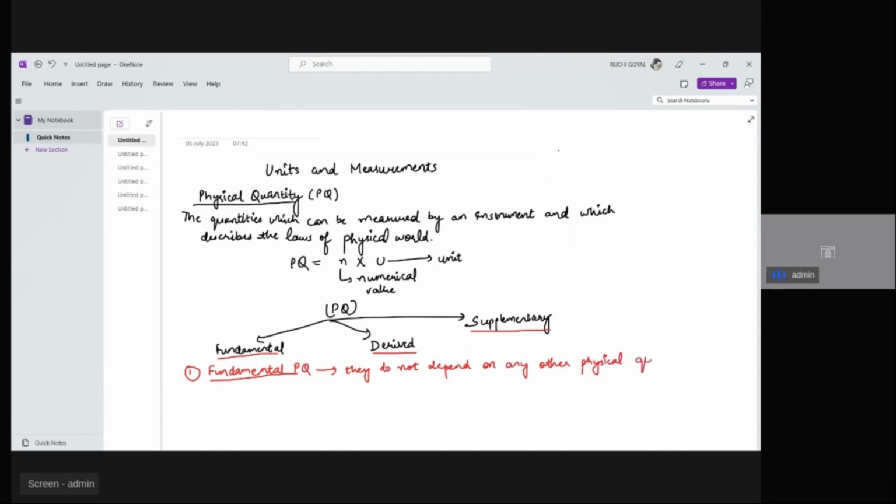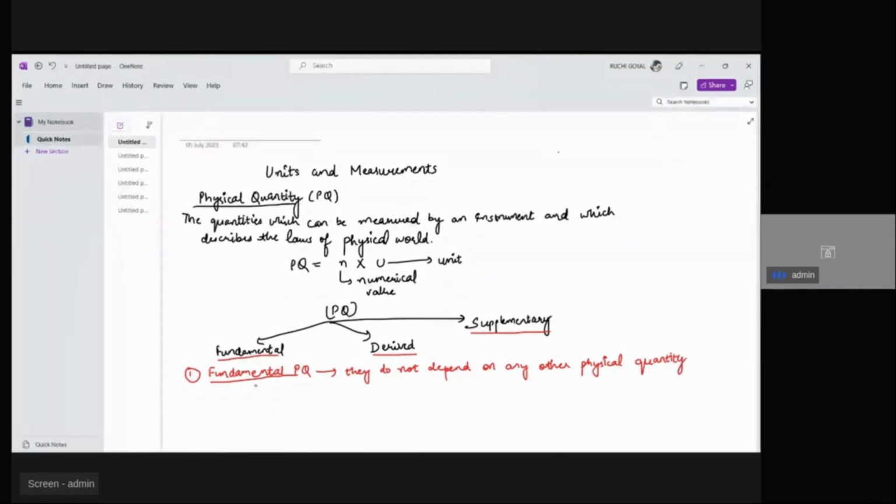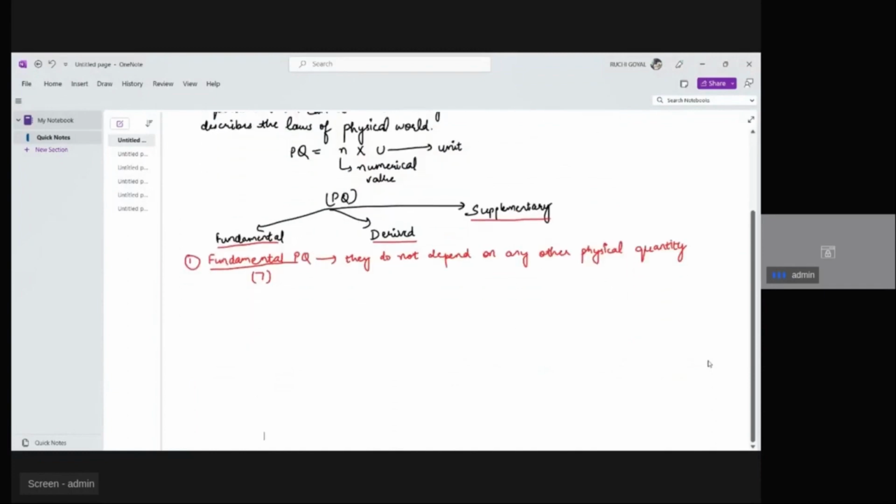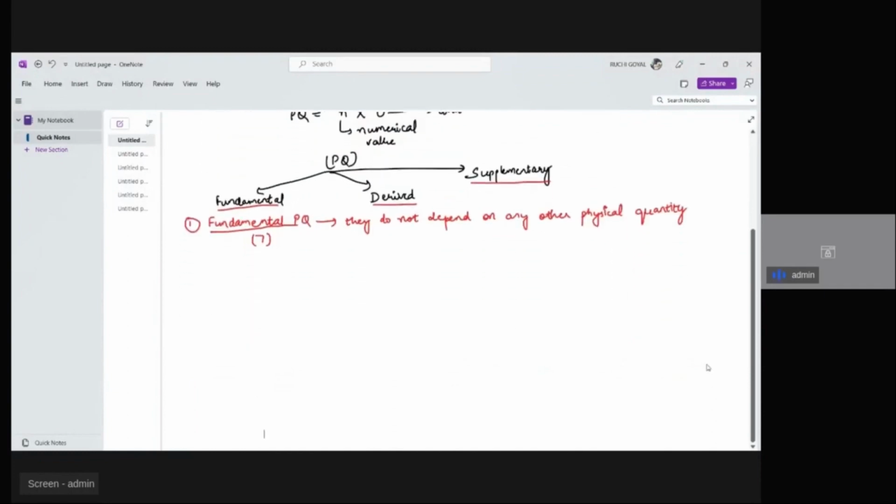These are 7 in number. So we can write 7 physical quantities that are fundamental.